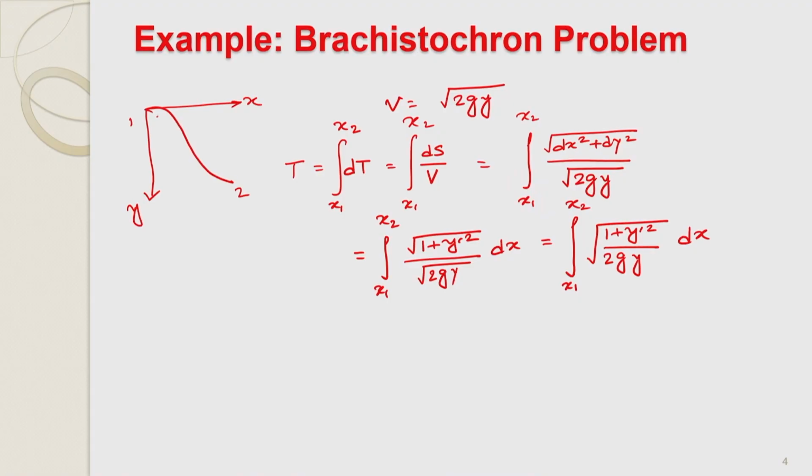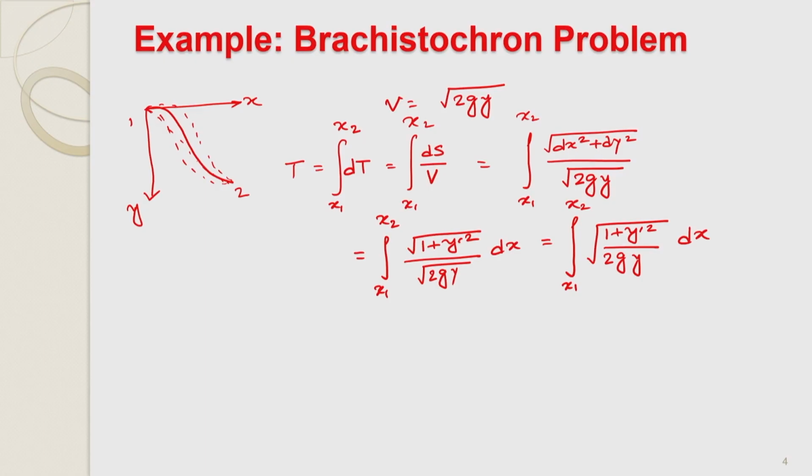There are several paths possible between point 1 and point 2. It can be a straight line also. Now, the straight line between point 1 and point 2 is the path which has minimum distance.